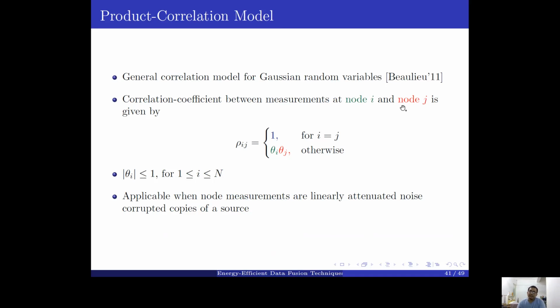In this case, the correlation coefficient between two nodes is given by theta i and theta j, where theta i and theta j are both constants which are less than 1. Such a model is applicable when the node measurements are linearly attenuated, noise corrupted copies of a source signal.